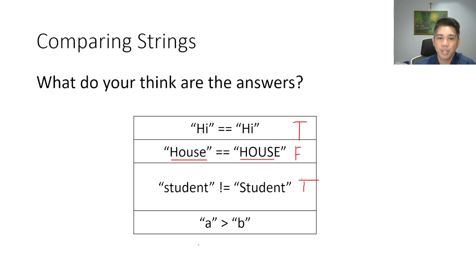Only numbers have quantity. So numbers or things that have quantity can be compared to each other, which is bigger, which is smaller. But for strings, we can only compare if they are equal or not equal. So this one will not really produce an error. There is an actual answer there. It will either be true or false. But like I've said, I don't know.